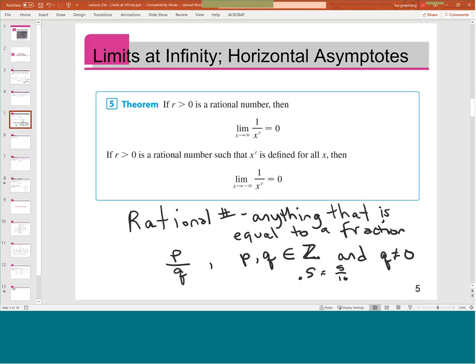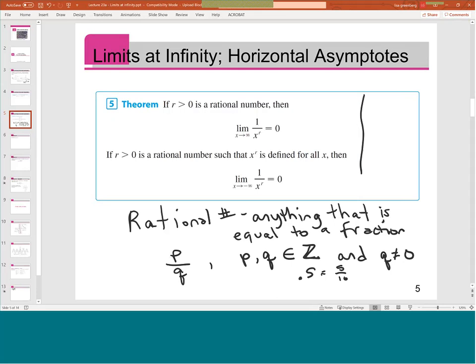So here we have a rational expression, and notice that as x goes to infinity, whatever r is, as long as r is a positive number, this function is always going to go to 0, right? The bigger the denominator, the smaller the value. The same thing is true even if you're going to negative infinity.